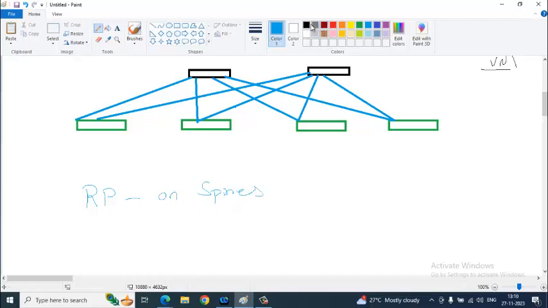So in order to have scalability, in multicasting, I can use bidirectional PIM.